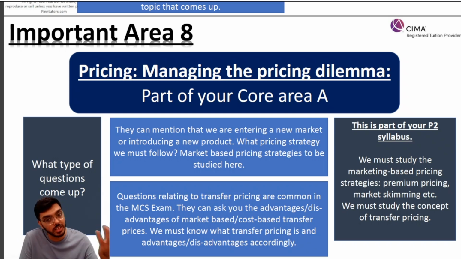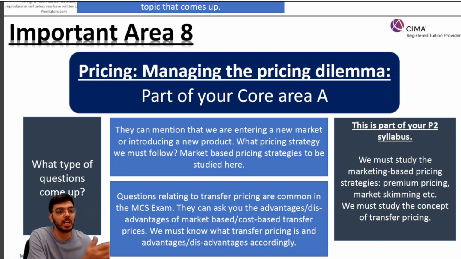Secondly, questions relating to transfer pricing are very common in the MCS exam. The concept of transfer pricing is very, very important. They can ask you the advantages and disadvantages of market-based or cost-based transfer prices. You must know the advantages and disadvantages of each very clearly.